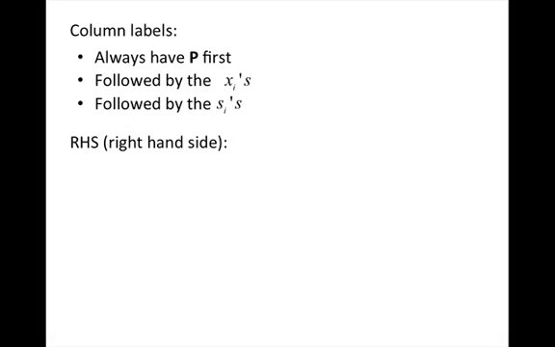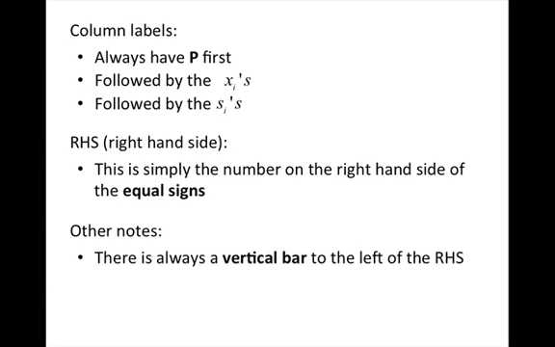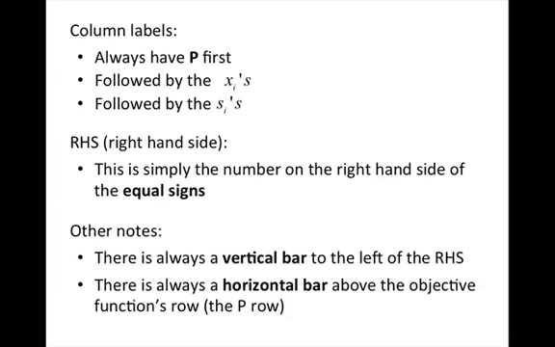And as I mentioned before, the right-hand side is simply the number on the right-hand side of the equal signs. And then other notes, as I mentioned before, there's always a vertical bar to the left of the right-hand side, and there's always a horizontal bar above the objective function row, or it's often called the P row.